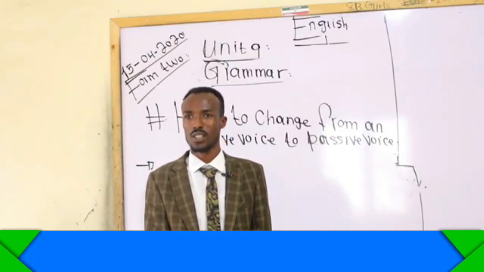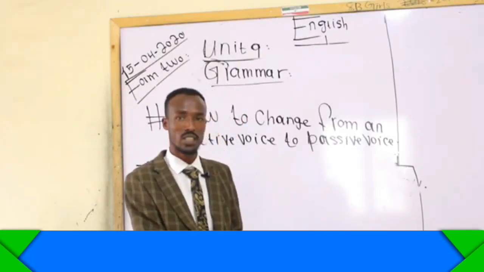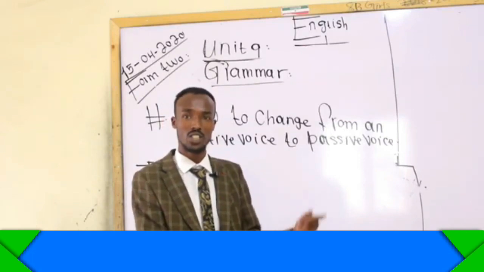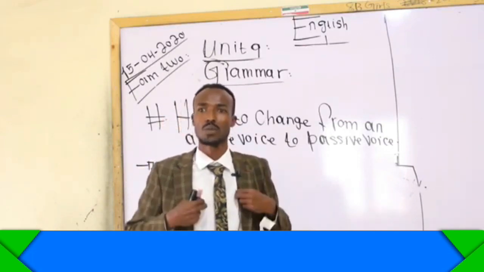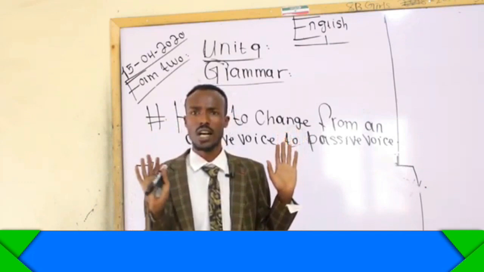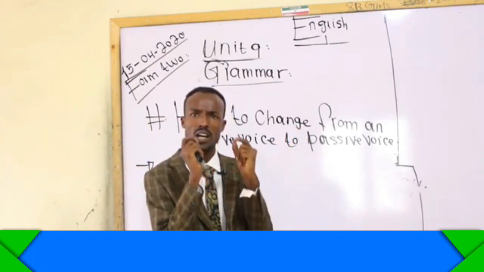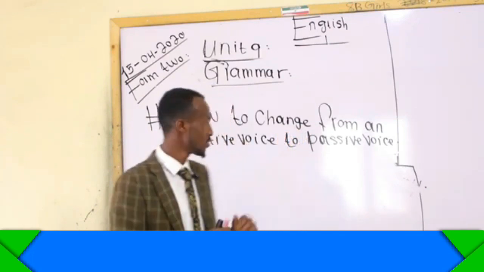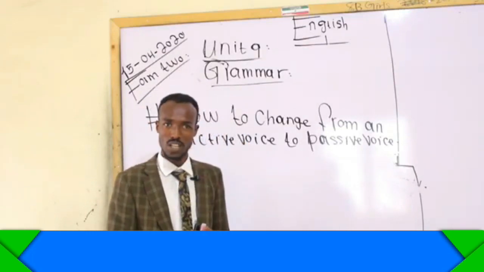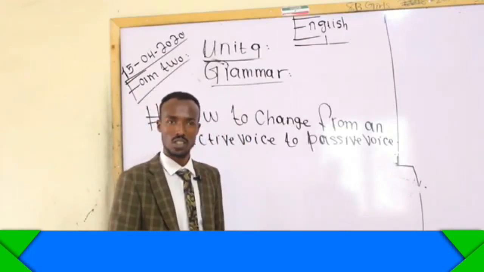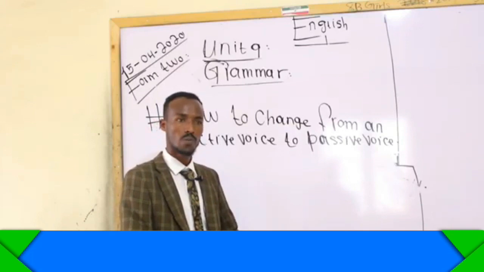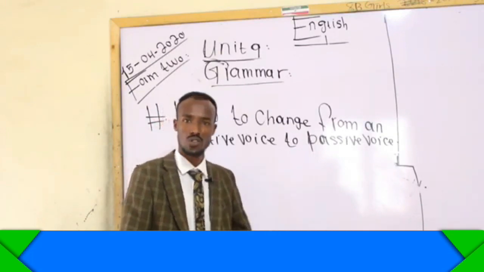This is very simple. Some teachers always give you each thing to memorize as a formula. But for me, I'm not that teacher. I'm just going to give you a simple formula. For example, dear student, you have an active voice sentence, and your teacher said to you, change it to passive voice.